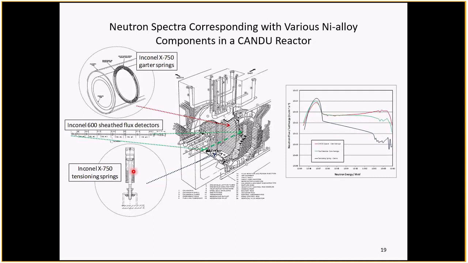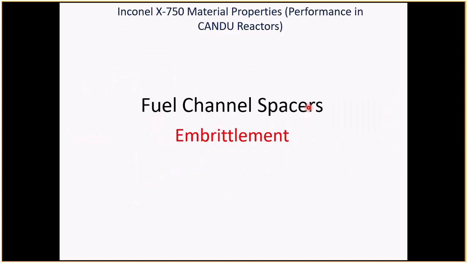And in fact, in this particular case, the thermal flux for these is higher than it is in the core. I don't think this is right. I think this is just outside of the core. This is a bit of an exaggeration. They're all comparable, we should say.